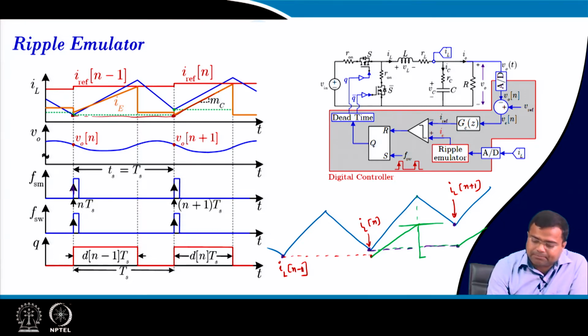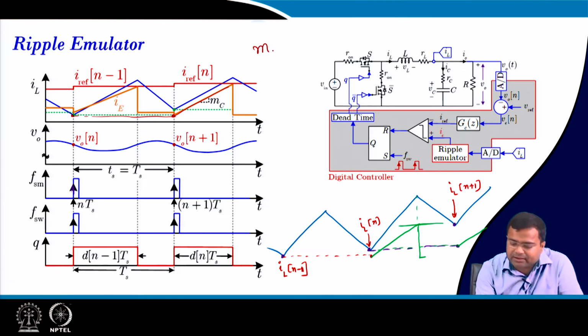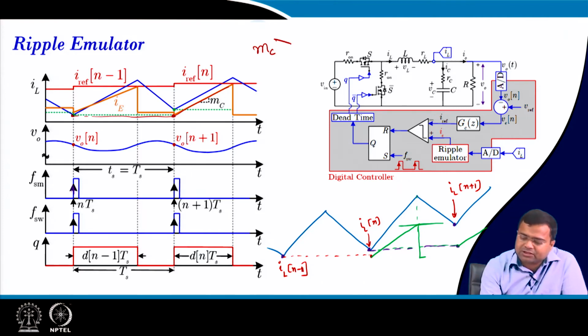Although it looks like the ramp is same as rising slope, but it is not necessary, the ramp can be different. In fact, there are many research that this ramp should be different, and we cannot keep this M1 slope because it will be unstable. Even this MC requirement, when I go to the analysis part, it can be shown that the MC has to be greater than M1 plus M2.